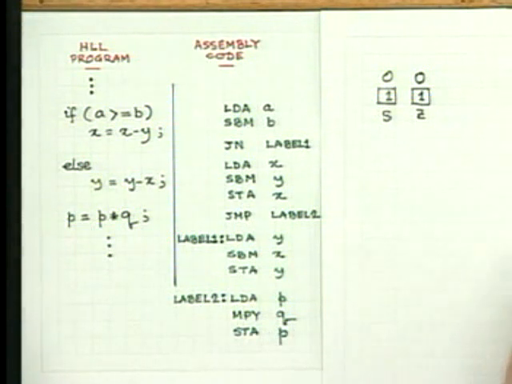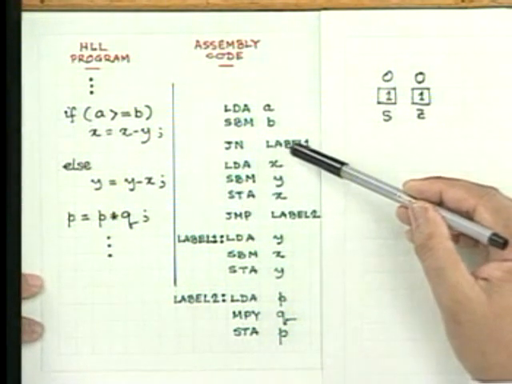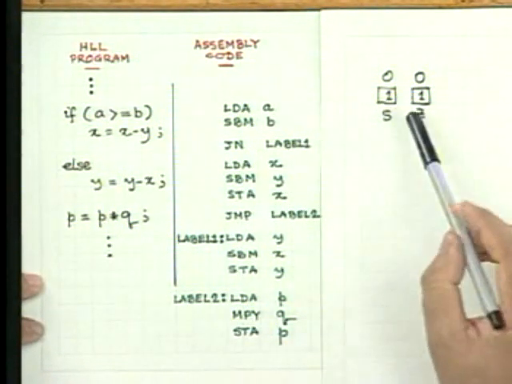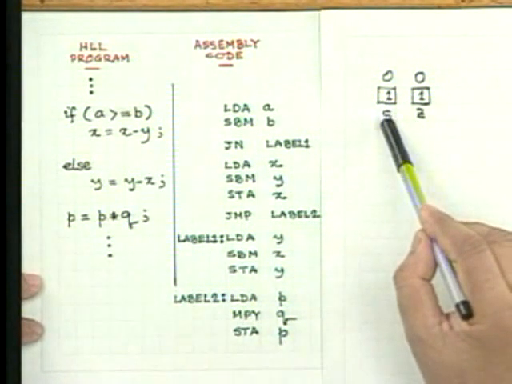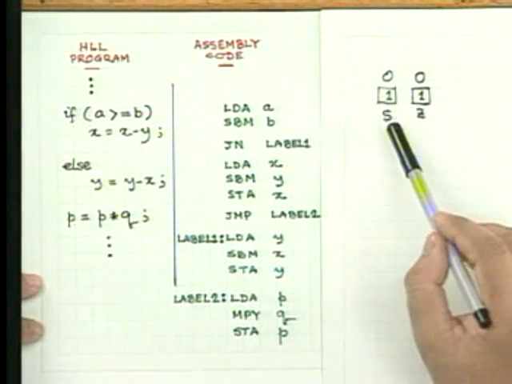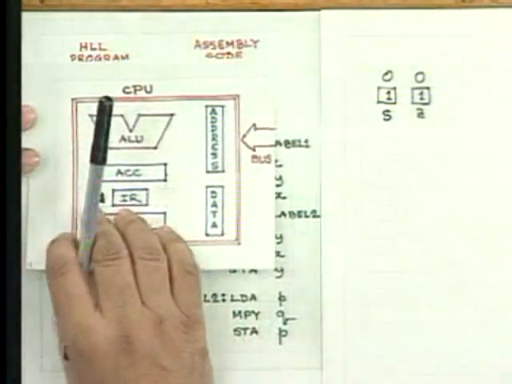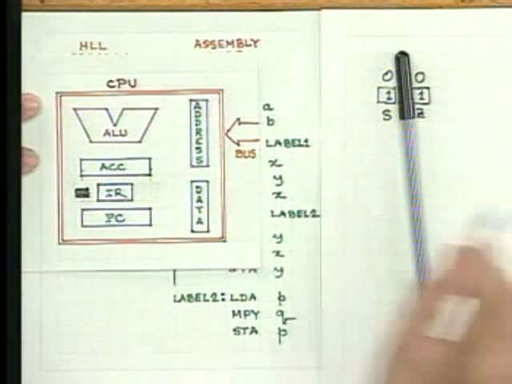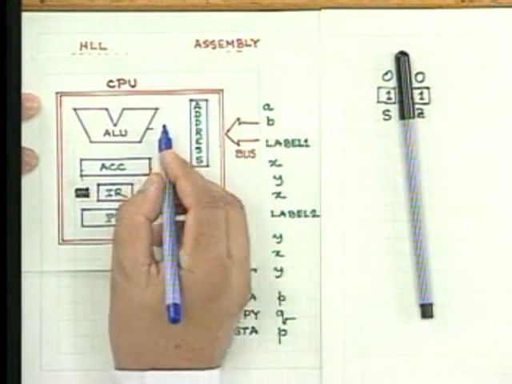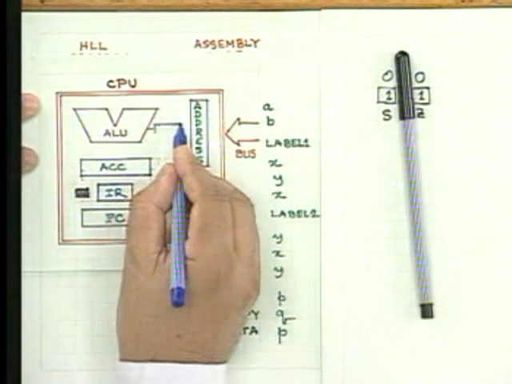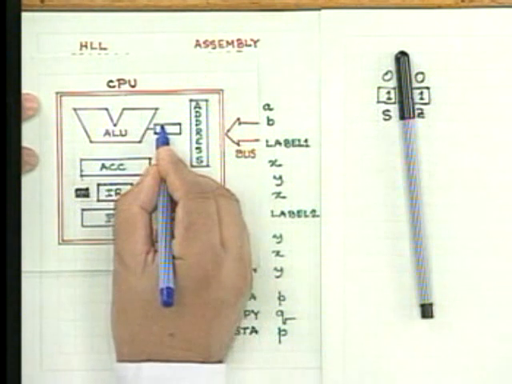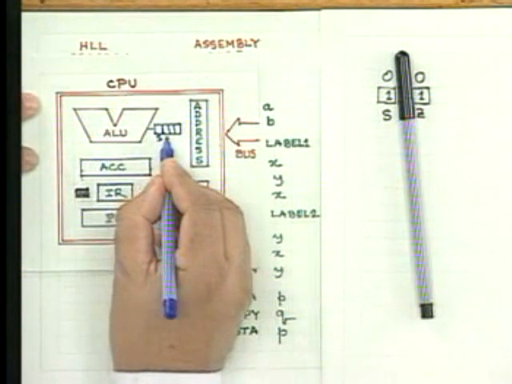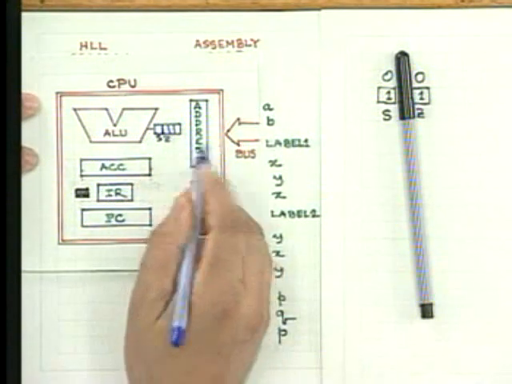Now, crucial to taking a jump, that means whether this portion will be executed or not, depends upon the content of these flags. Therefore, in the CPU, central processing unit, associated with the arithmetic and logic unit, there are always a few flags, say the sign flag and the Z flag, which we have already discussed.